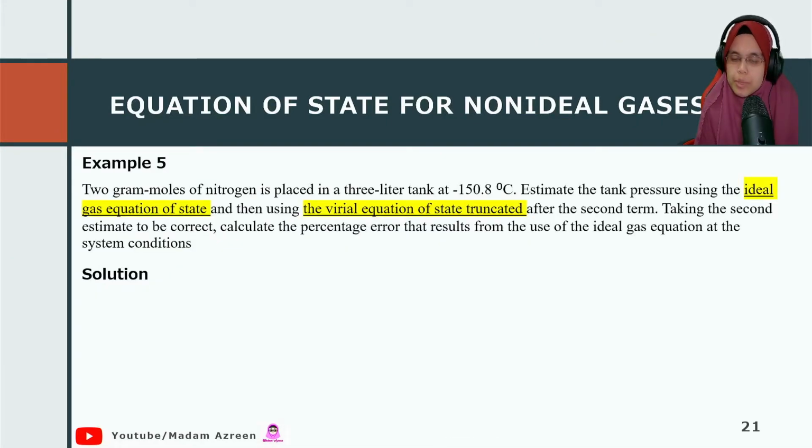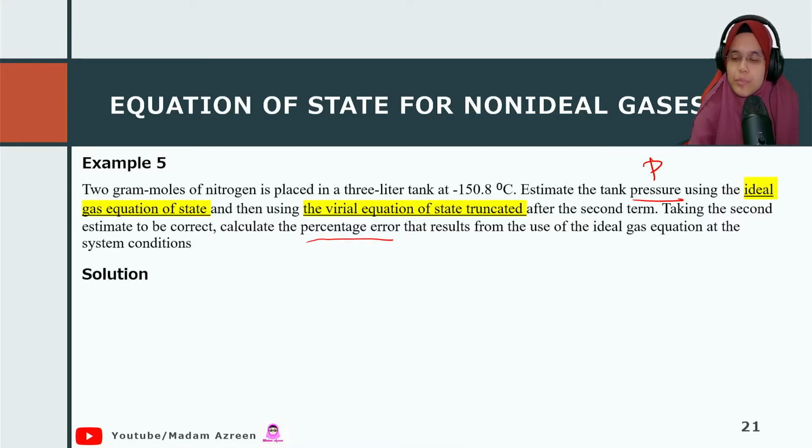In this example number 5, we have 2 gram mole of nitrogen placed in a 3-liter tank at a temperature of negative 150.5 degrees C. You have to estimate the tank pressure, which is P, using the ideal gas equation of state, meaning you can use PV equal to nRT, and then using the Virial equation of state, the truncated version, the simplified version. And then you have to calculate the error.